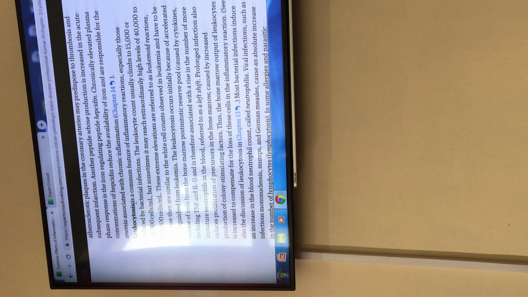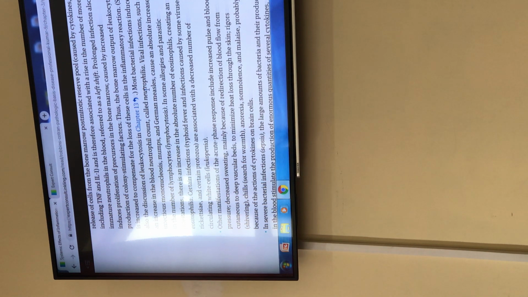Leukocytosis can be a systemic manifestation of chronic inflammation. It means increase in number of white blood cells. And in acute inflammation, neutrophils are increased in number. In chronic inflammation, chronic inflammatory cells, especially lymphocytes, are increased in number.